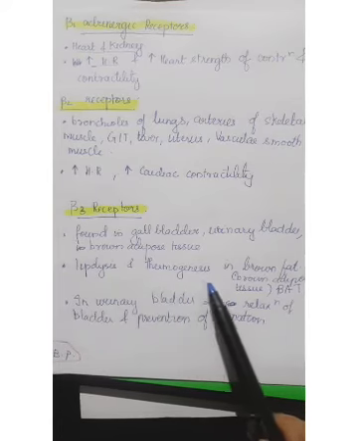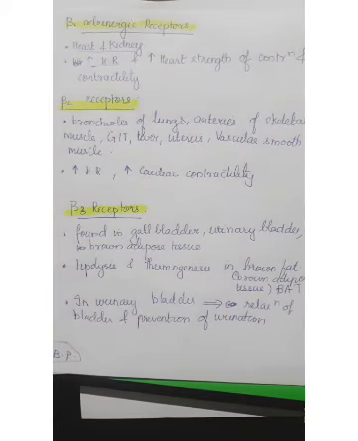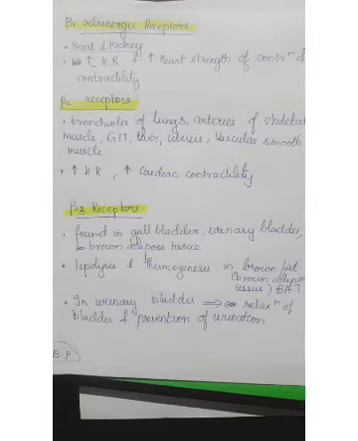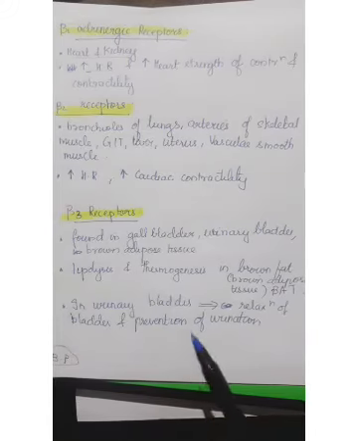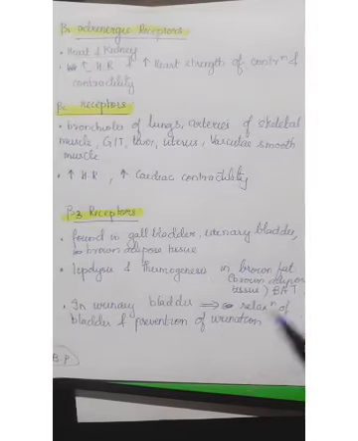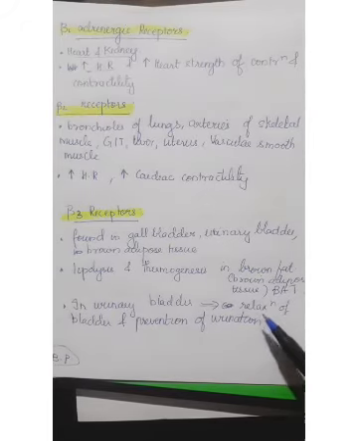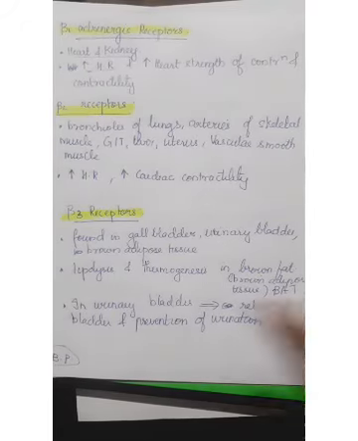Thermogenesis here means that when brown fat burns, it produces heat without shivering. Finally, in the urinary bladder, beta 3 receptors cause relaxation of the bladder and prevention of urination. So this is how the alpha receptors and beta receptors work.